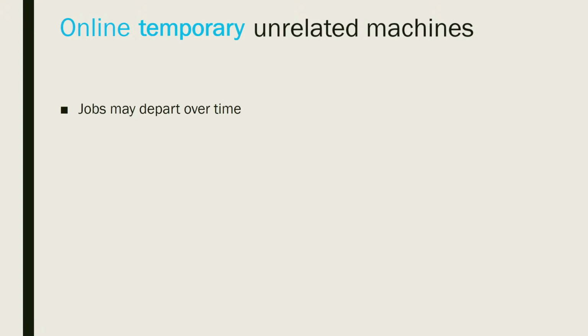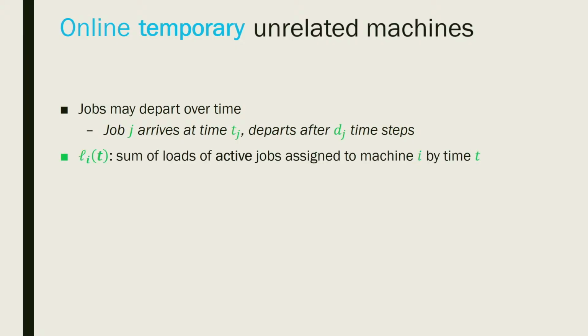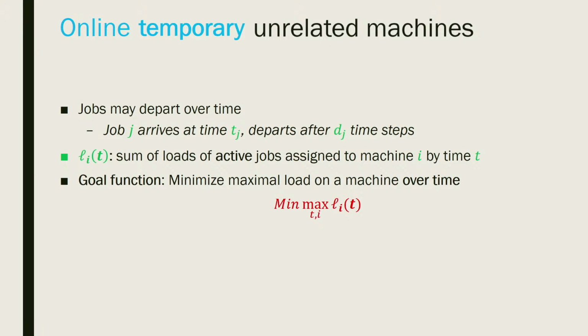A job arrives at time tj and departs after dj units of time. Again, we're not looking only at the final load; we have to look at the load at any point of time, because the maximum load doesn't necessarily happen at the end. It might happen in between, because it's a dynamic version. So the goal function is the maximum not only over machines, but also over time.